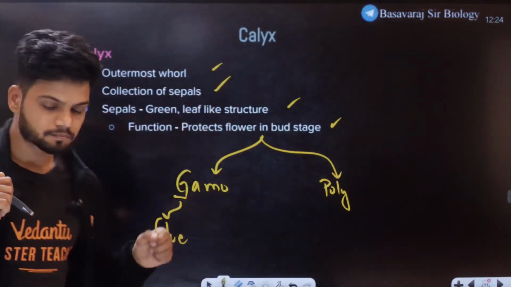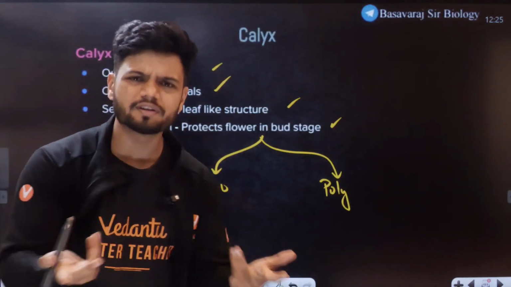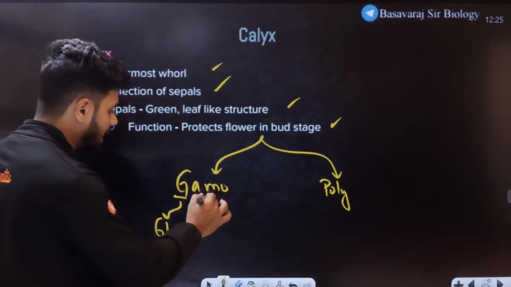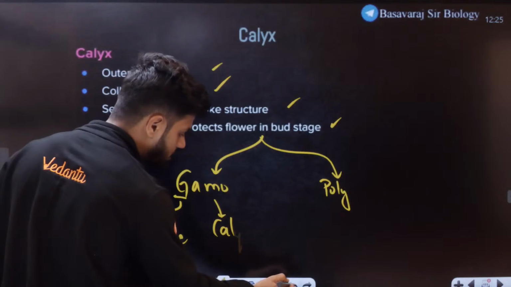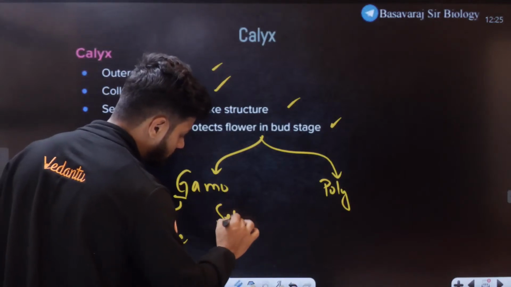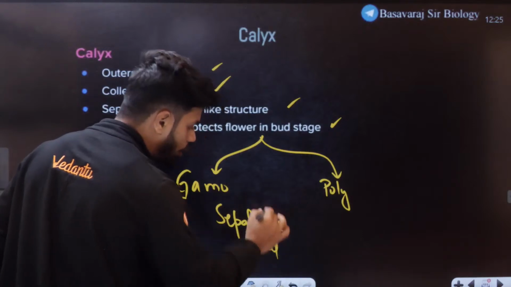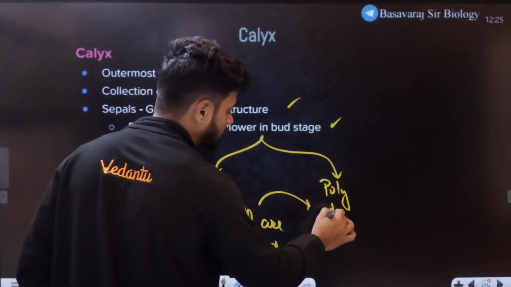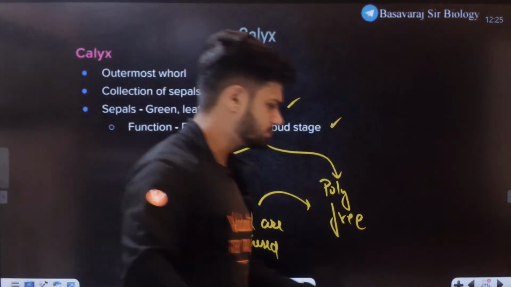Obviously, gum will stick. So gamo means calyx are fused, or sepals are fused. Opposite, poly means free, obviously. G for glue, united.